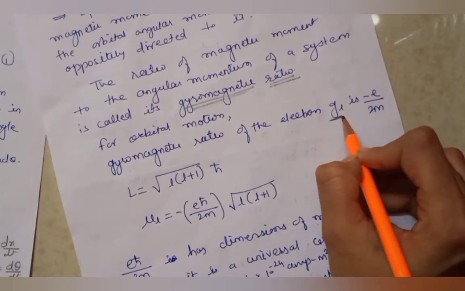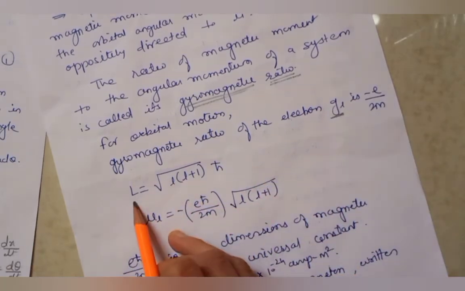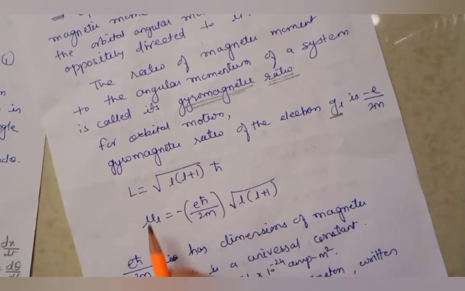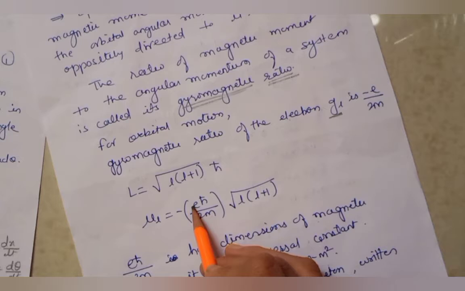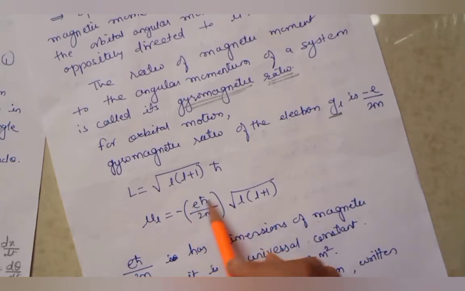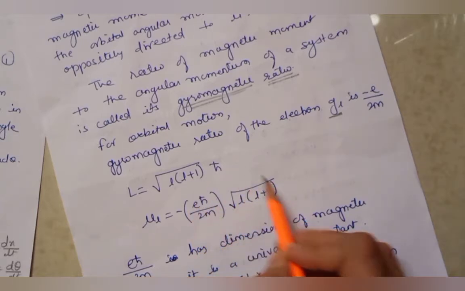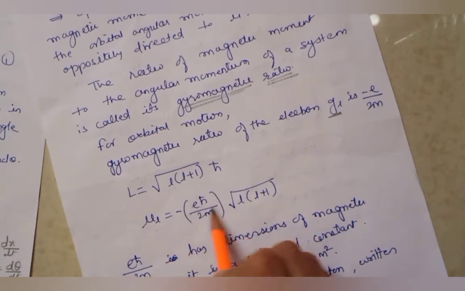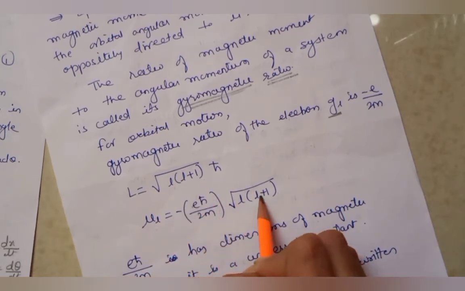It is represented as GL, and capital L, we know that it is under root of L into L plus 1 H cross. So mu L is given by minus E by twice m. I will substitute the value of L, that is L into L plus 1 H cross. So I can write it like this. Mu L is equal to minus EH cross by twice m under root L into L plus 1.